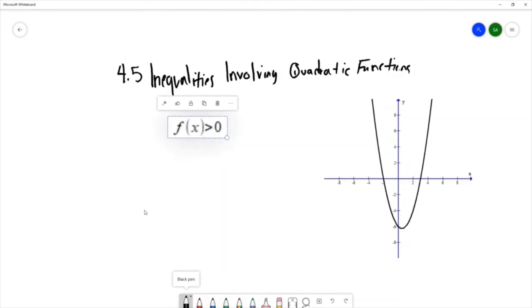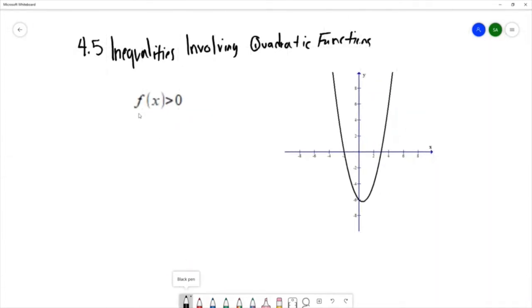So I want to ask the question, f of x is greater than 0. Okay. So we know that f of x is y. So essentially, when it says f of x is greater than 0, we're saying y is greater than 0.